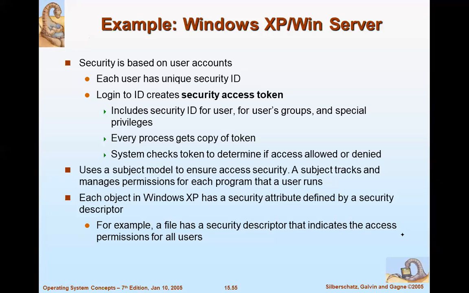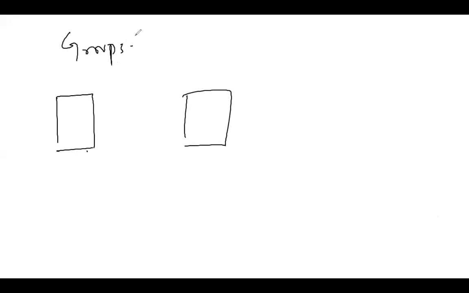For example, if you can see in your university domain, they have divided the system into multiple parts. For example, these are the groups at UMKC, and these are the students.